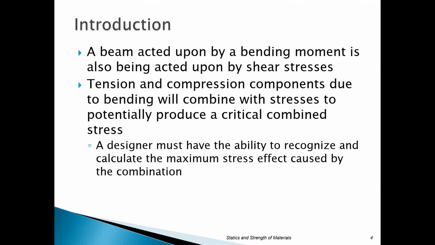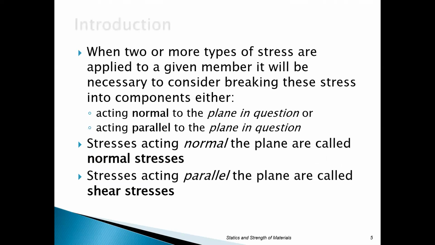So tension and compression due to your bending will combine with other stresses that potentially produce a critical combined stress, which means you may have failure. So you have to be able, as a designer, to recognize this and calculate maximum stresses that are caused by that combined stress.